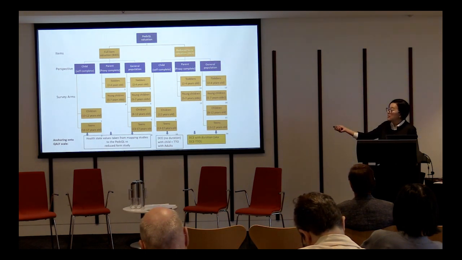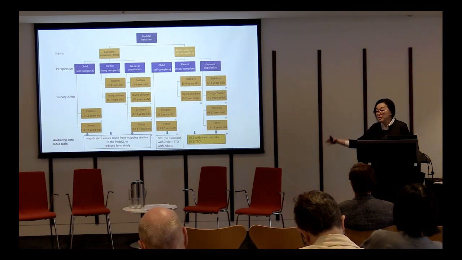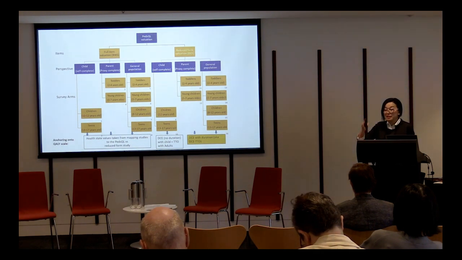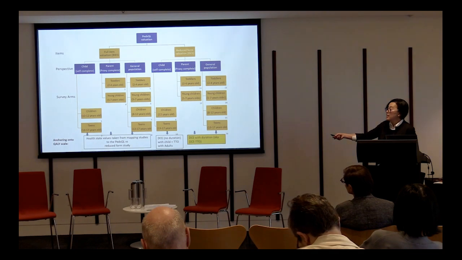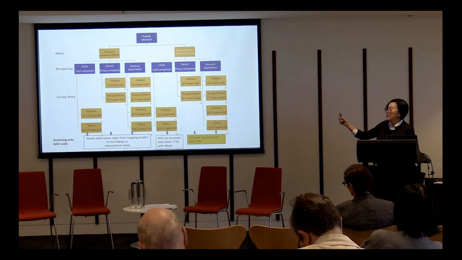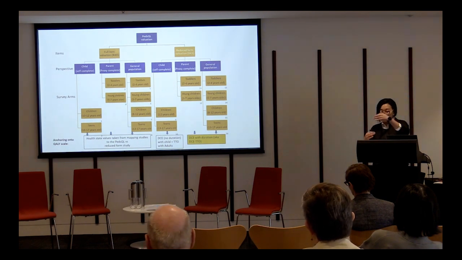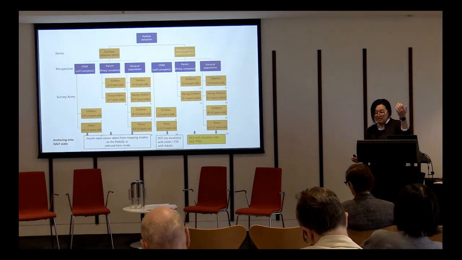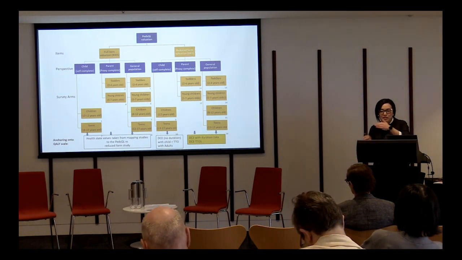For the children, we're going to use an additional time trade-off task, but that would be valued by adults, and use that to anchor whatever we get from the DCE with kids. And for the best-worst one, we'll be looking into health state values taken from mapping studies, because we're looking at a health state that has 23 items, which is too much to use in a time trade-off or any other type of anchoring method.